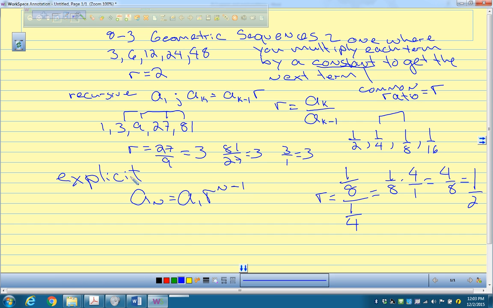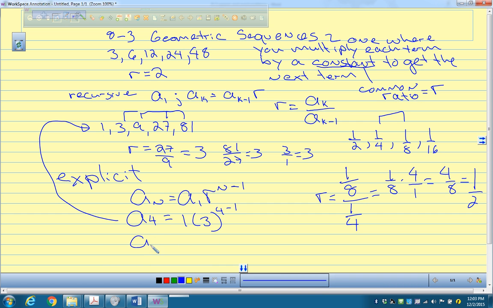For instance, if I want to find the fourth term of this sequence, I would take the first term, which is 1, and raise R to the power. So a sub 4: a sub 1 is 1, R is equal to 3, and I raise that to the 4 minus 1 power.